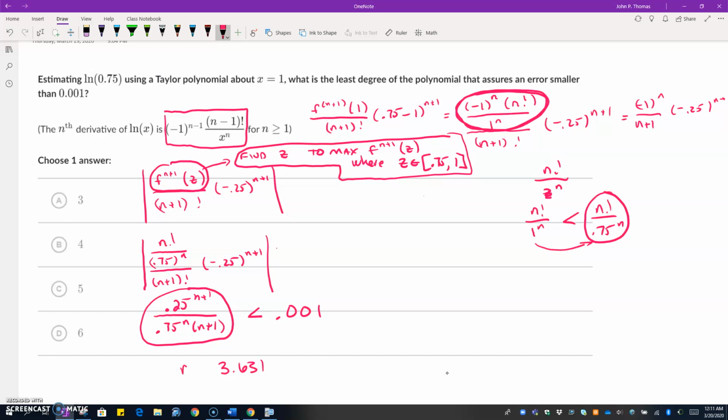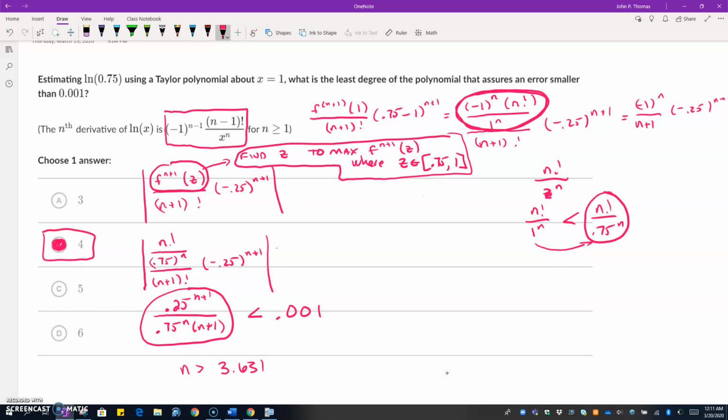All right, and our n value needs to be greater than that for us to have a value that's less than 0.001. So I'm going to look for the first n value that's greater than 3.631, and that is 4. All right, that is our correct answer, and that's the choice that we'd want to pick.